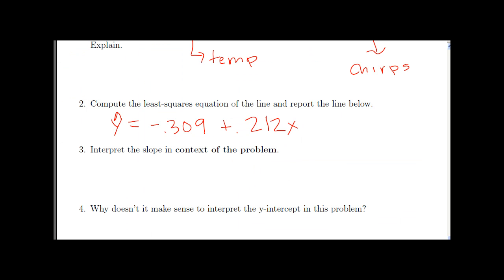Alright, so let's go back to the problem. And we want to interpret the slope in context of the problem. So what that means is I want my interpretation to include temperature and chirps.